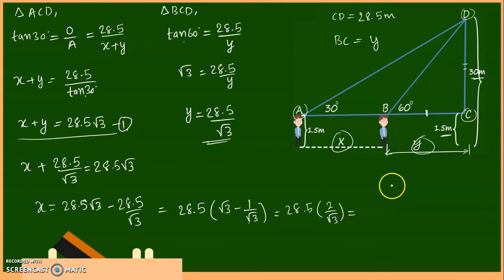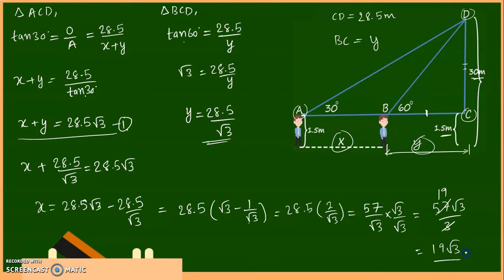And if you multiply 2 and 28.5, that will be 57 divided by root 3. If you multiply and divide by root 3, rationalizing the denominator, we get 57 root 3 divided by 3. So 3 will cancel out with 57, and we get the answer 19 root 3 meters. This is the value of X.